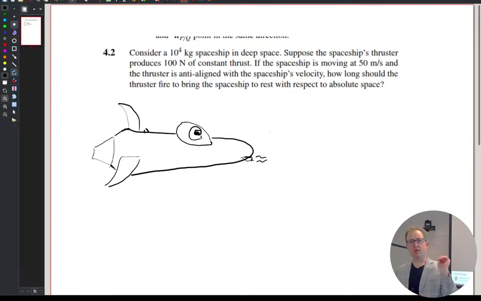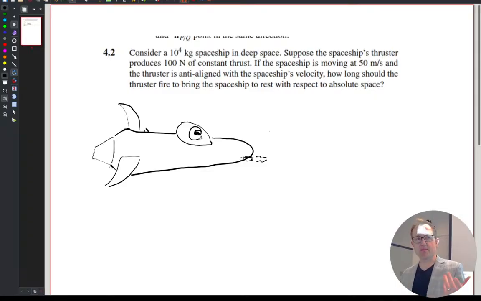So we're moving in one direction, or it could be that we're even traveling backwards. If you ever played the Asteroids game, once you're moving, you can spin the spaceship around and then push back to where you came from. One thing that surprises me a lot about orbital mechanics is that the spaceship is just assumed to be a point mass.